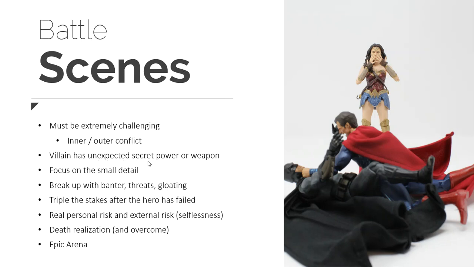You can also give the villain an unexpected secret power or weapon. In this battle, for example, Superman is basically immortal and bulletproof. There's no way to hurt Superman, so no conflict can ever be satisfying because there's no real stakes or risk for Superman. Everything he goes into, there's no real fear or threat because he's invulnerable.